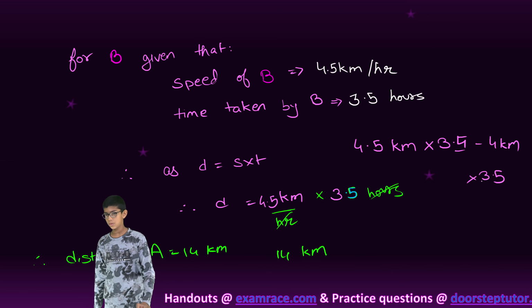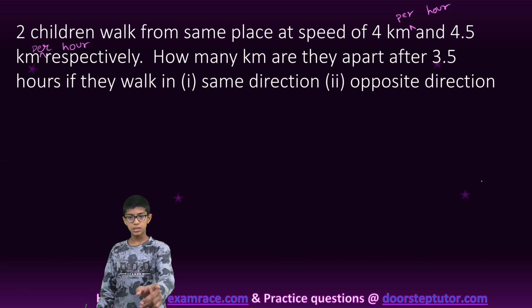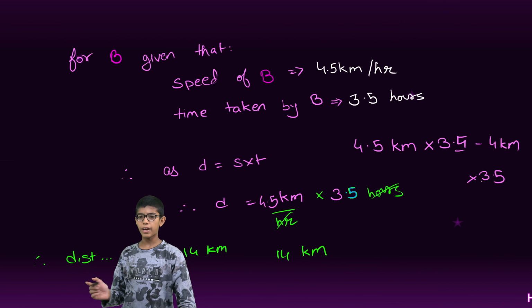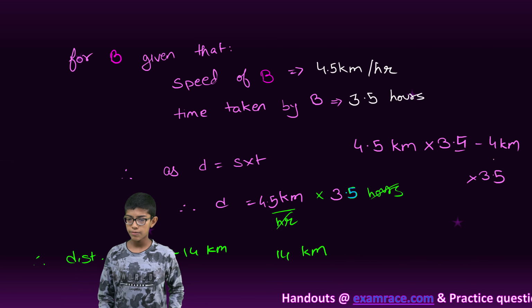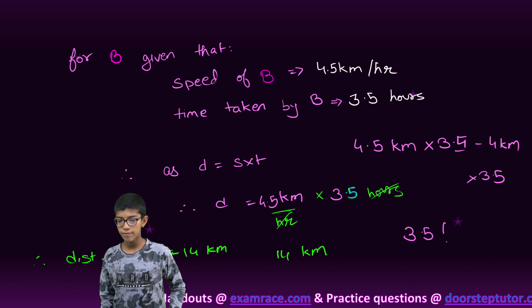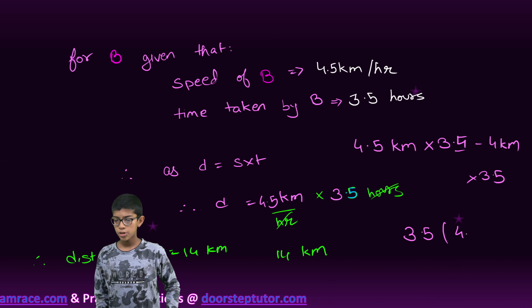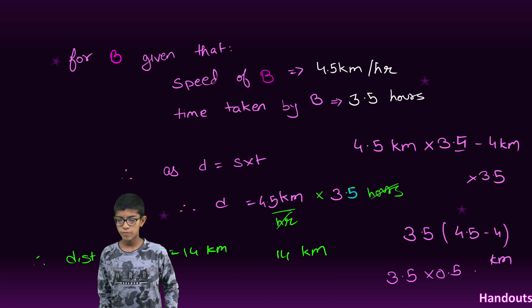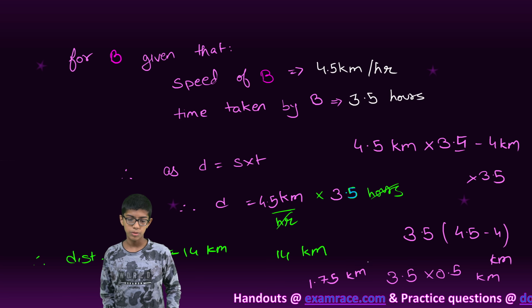So if it is an MCQ based question and the question is asked, here see how many kilometers are they apart, you need not find again the distance and then subtract. We can easily have a calculation 3.5, and by distribution of multiplication over addition we get 4.5 minus 4 kilometers. So we get 3.5 into 0.5 kilometers, or 1.75 kilometers.